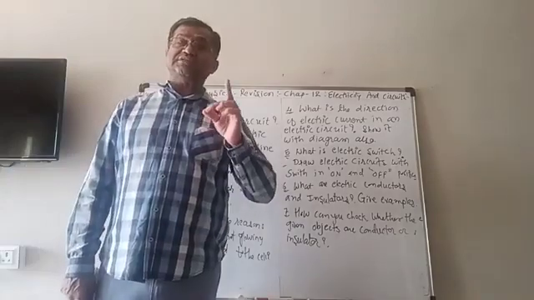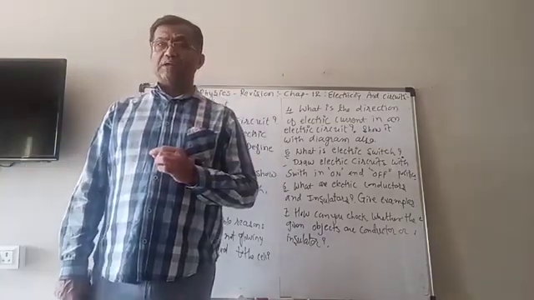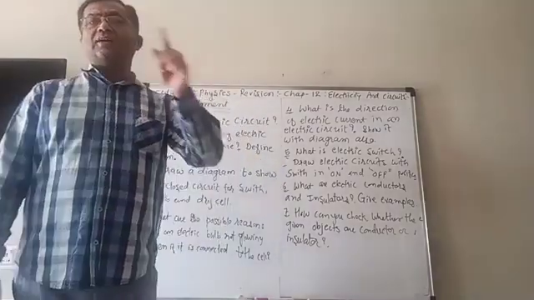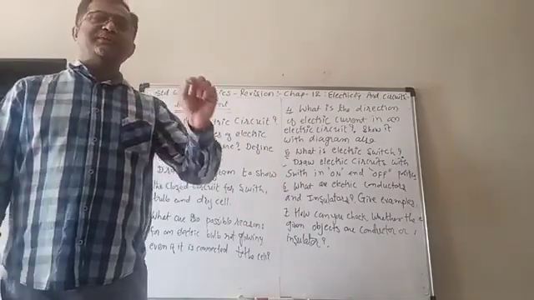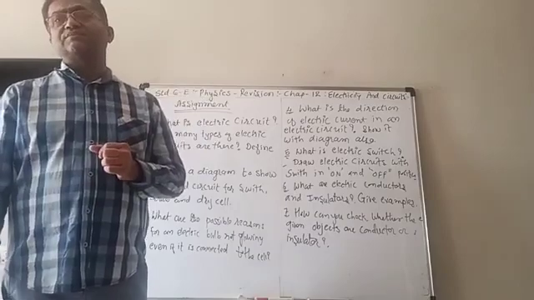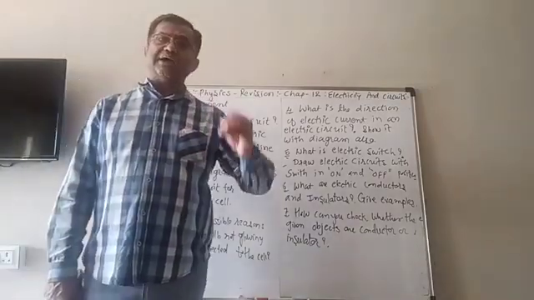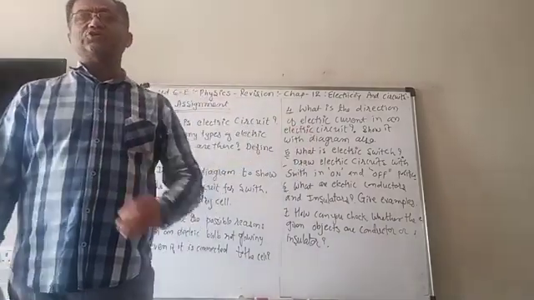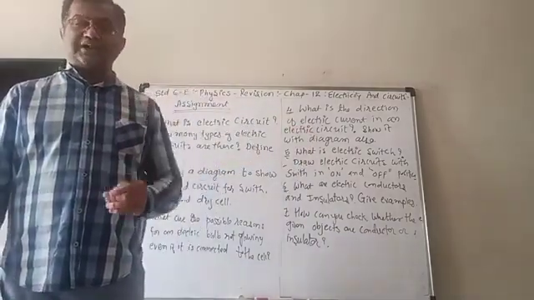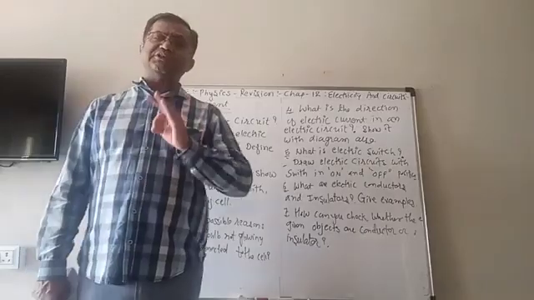Closed circuit means there is no gap in any of the connection, and there is a completely connected path without any gap from positive terminal of the cell to the negative terminal of the cell. No gaps between them.